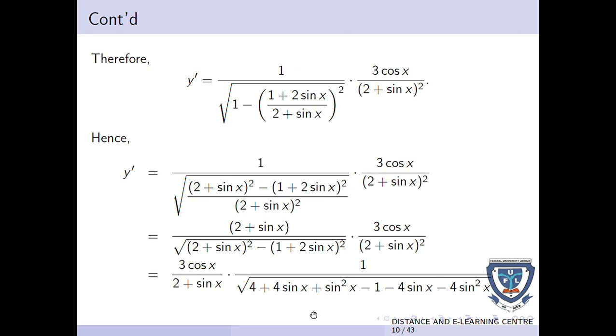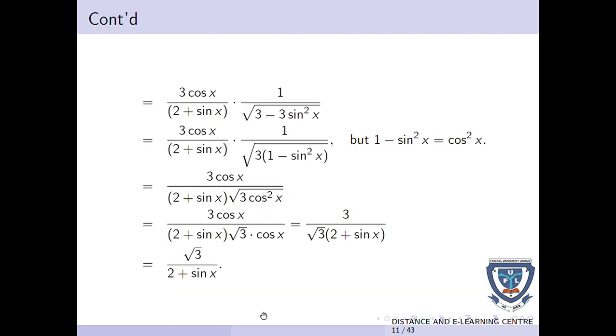Therefore, you continue the simplification, and you can see how lengthy the simplification is. By the time you substitute back your u and you continue the simplification, you're going to have 3 cos x all over 2 plus sine x times 1 over the square root of 4 plus 4 sine x plus sine x squared minus 1 minus 4 sine x minus 4 sine squared x.